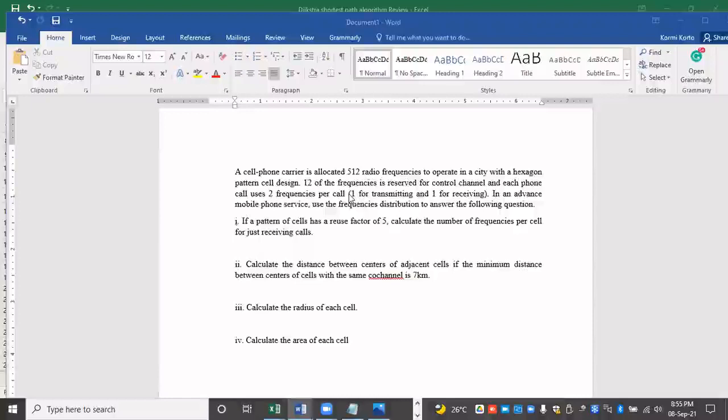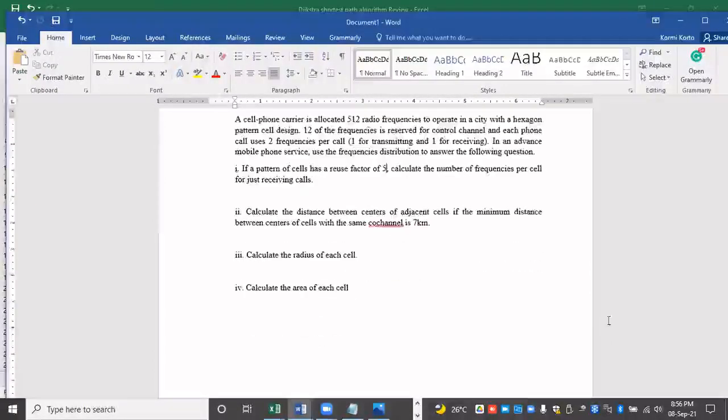One is for transmitting, to send a message across, and the other frequency is for receiving any information that's coming back. So that's where the 2 frequencies come from. In an advanced mobile phone service, use the frequency distribution to answer the following questions.